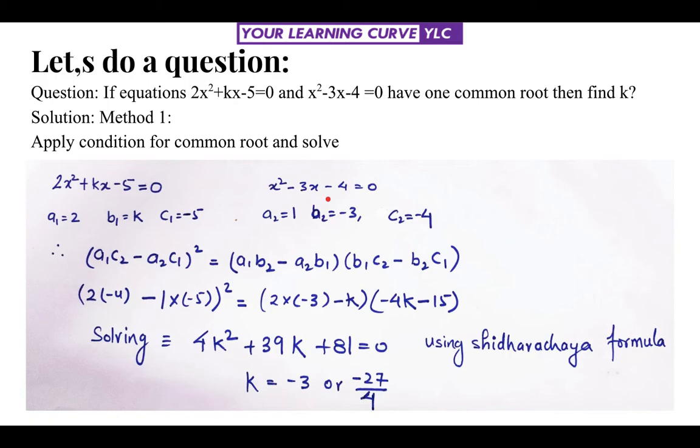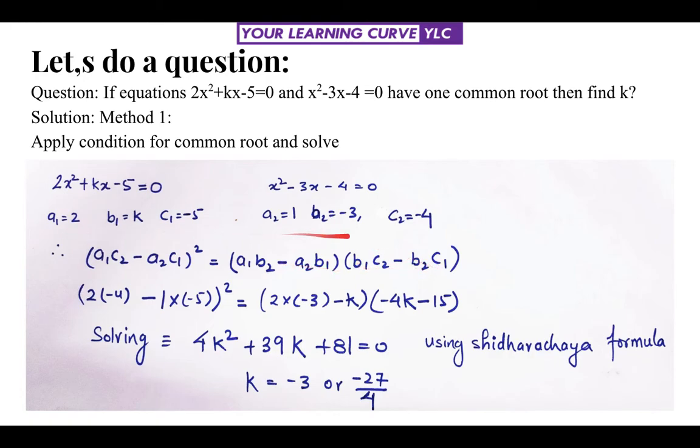The general representation was ax square plus bx plus c. So if it is minus, you have to consider it as x square plus minus 3 times x plus minus 4 is equal to 0. Now if you apply the condition for common root, you will get a1 c2 minus a2 c1 whole square is equal to a1 b2 minus a2 b1 multiplied by b1 c2 minus b2 c1.